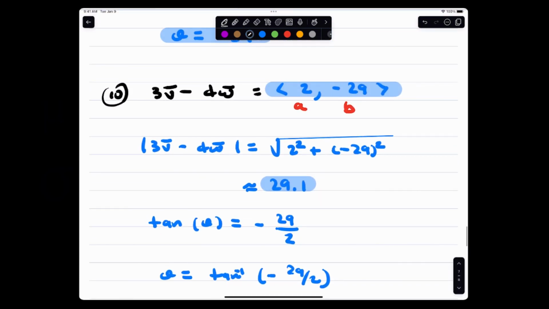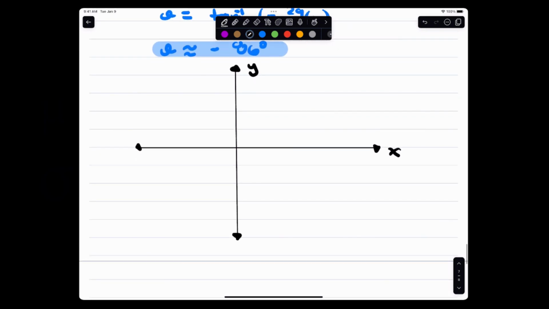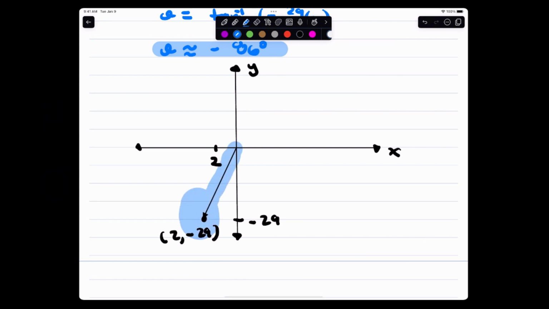You plot the point 2, negative 29. So that's to the right 2, and then down 29 units. This is just a rough sketch. There's my arrow. So I plot 2, negative 29. And maybe I'll emphasize the vector, if it lets me.